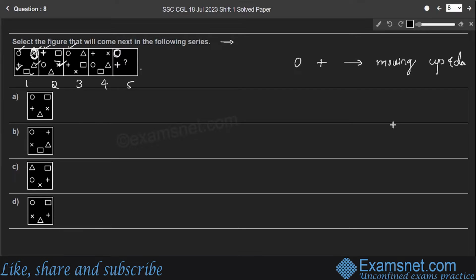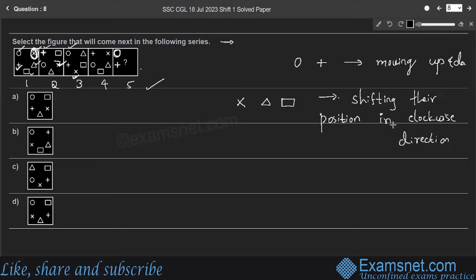Then it goes to its next position in the next step, right? Therefore, the cross, triangle and rectangle symbols are shifting their positions in each step in clockwise direction.